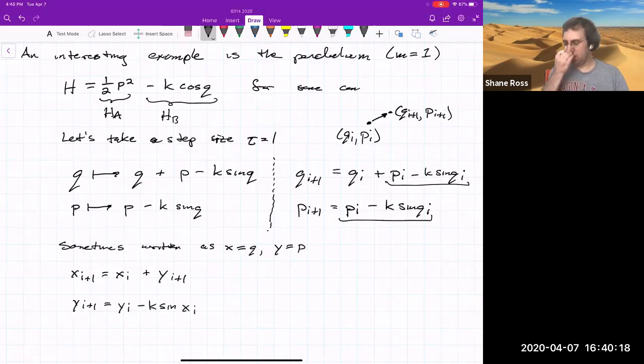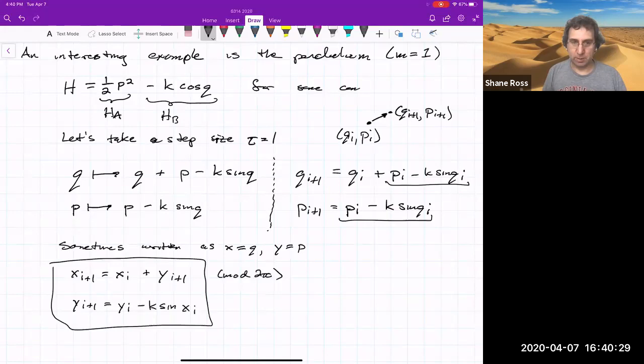And because q is an angle, it's sort of understood that this is mod 2 pi. So I'll write the map this way.